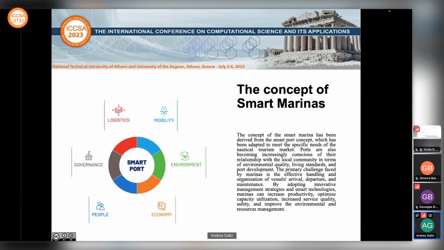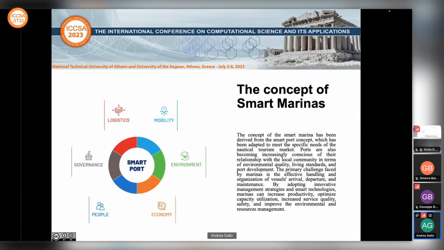That could be waste disposal management, or the handling of the boats, or some services given to the providers, and so on and so forth. And so it is important to underline that this concept of smart marinas derives directly from the concept of a smart port.